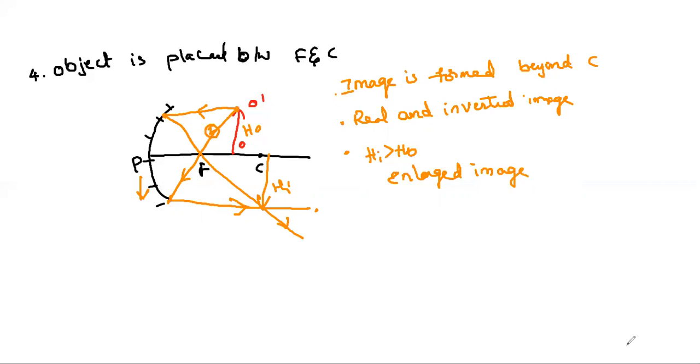Now coming to the fifth position. Now the fifth position of the object is placed on F, and this is also a very important diagram.